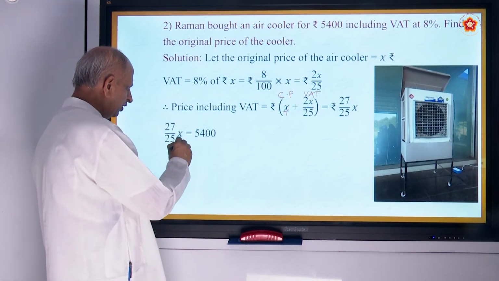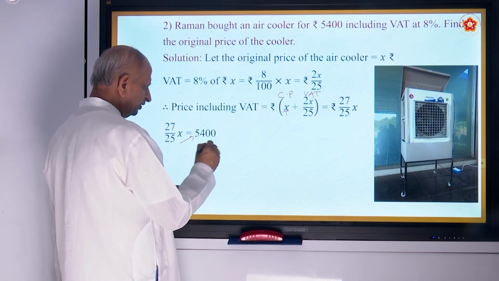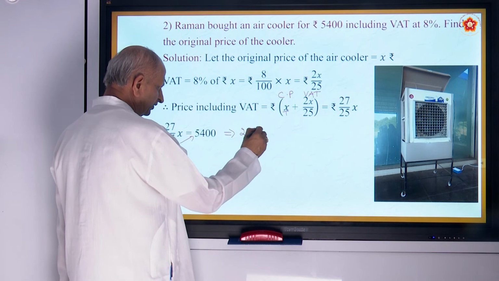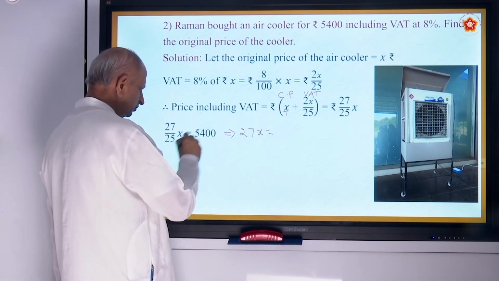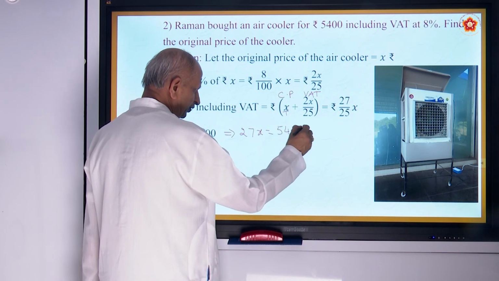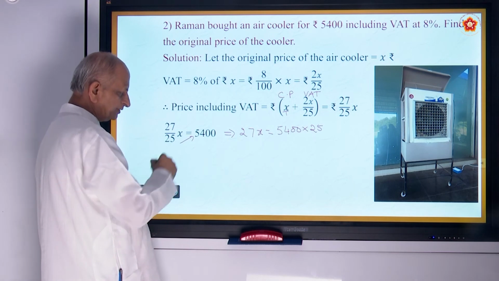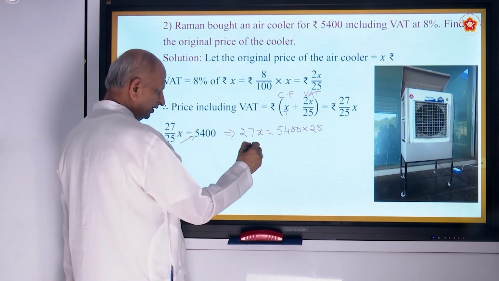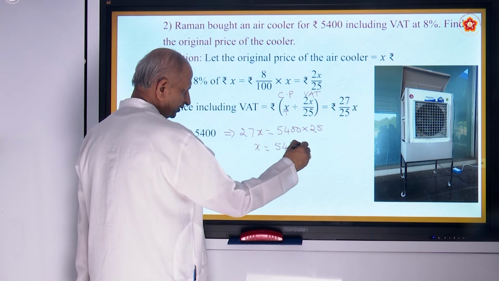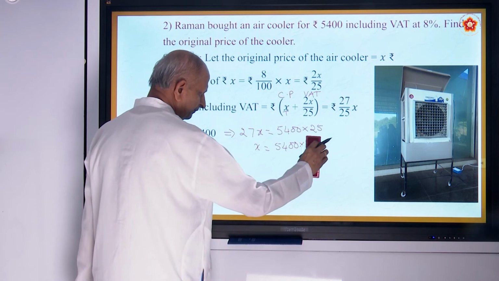Okay, so how to do it? 27x is equal to 5,400 into 25. Correct? Cross multiply. So x is equal to 5,400 into 25 by 27.